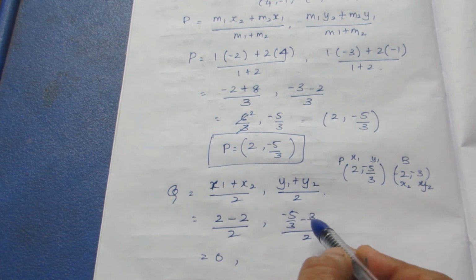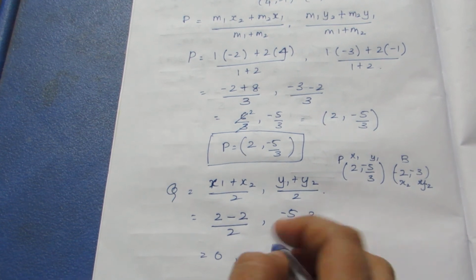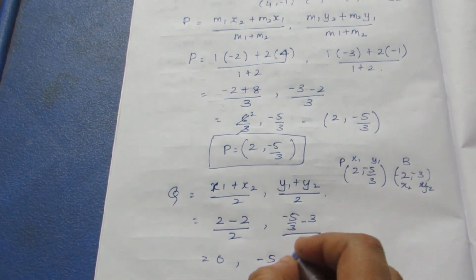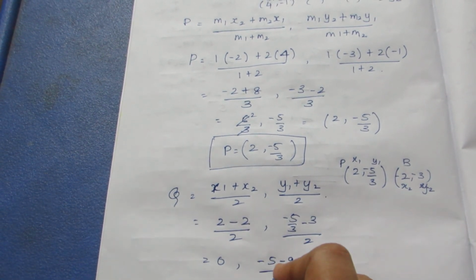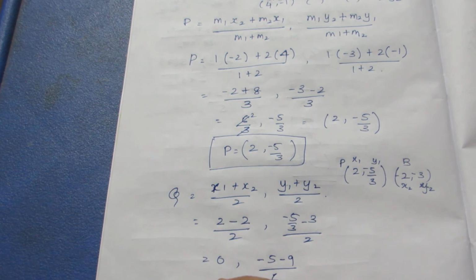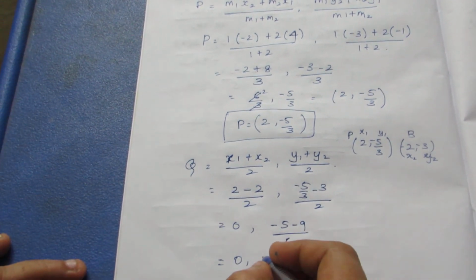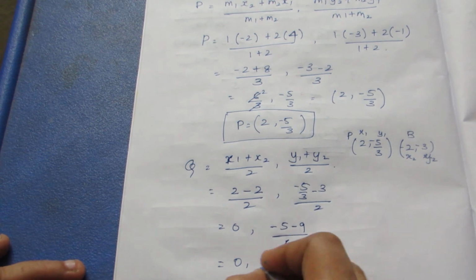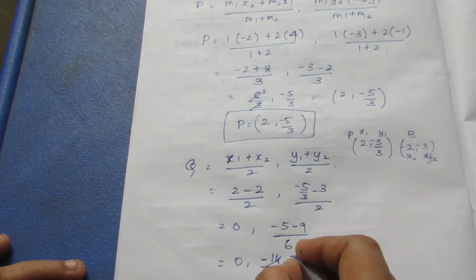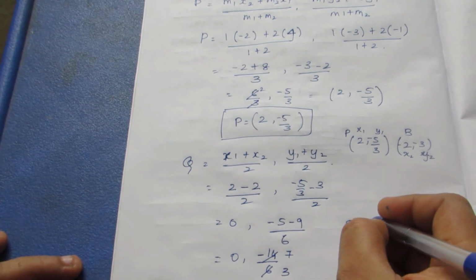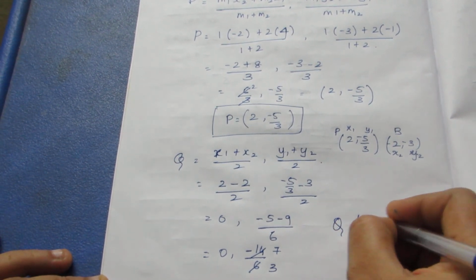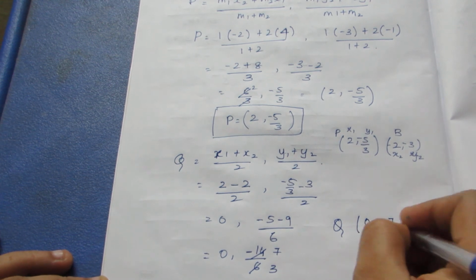While taking the LCM, it becomes 9, so (-5 - 9) by 3 will come down, and 3 twos are 6. Now this becomes 0, and here we get -14 by 6. We can cancel by 2, so -7 by 3. So your Q point will be (0, -7/3).